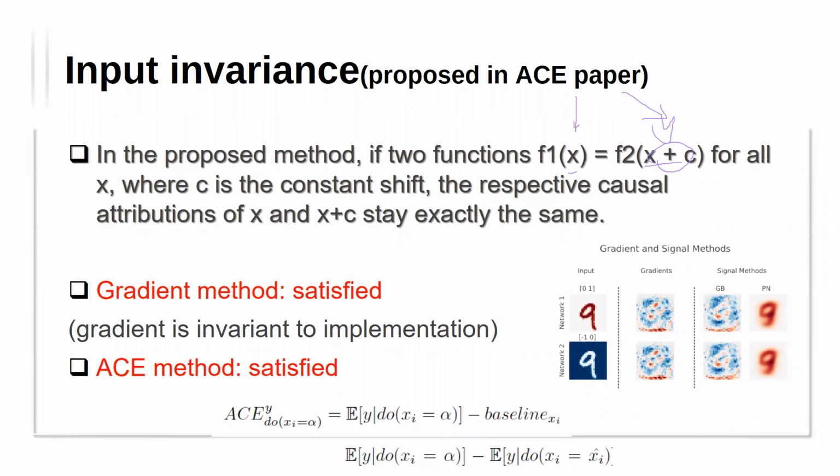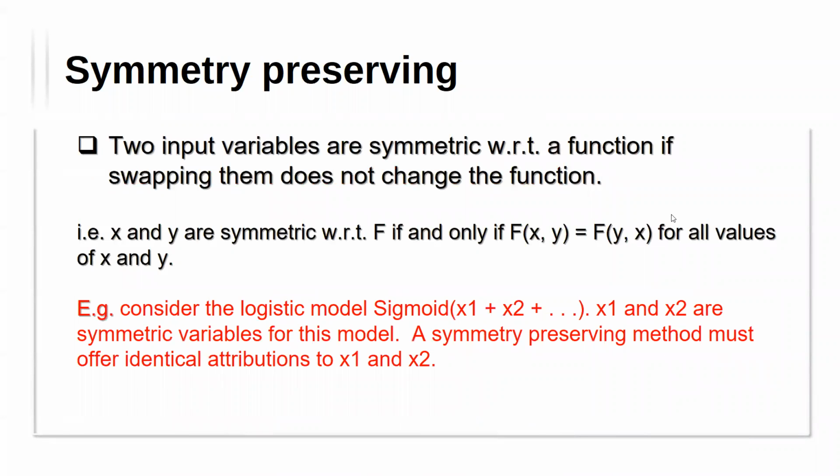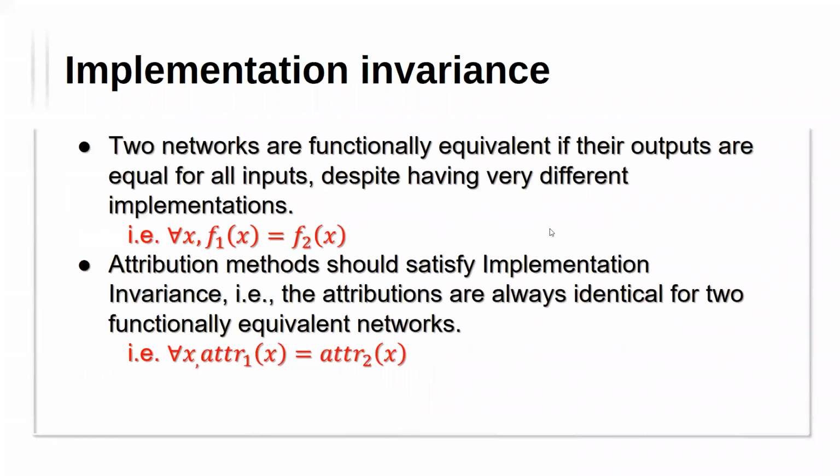Am I correct? Can I go back a few slides to check? The first axiom is called implementation invariance. If you replace x plus c with y, this is the first axiom.